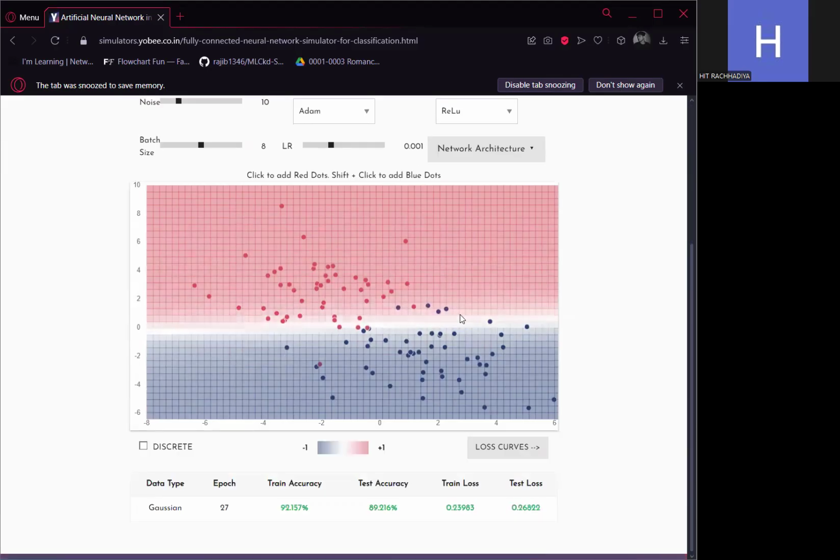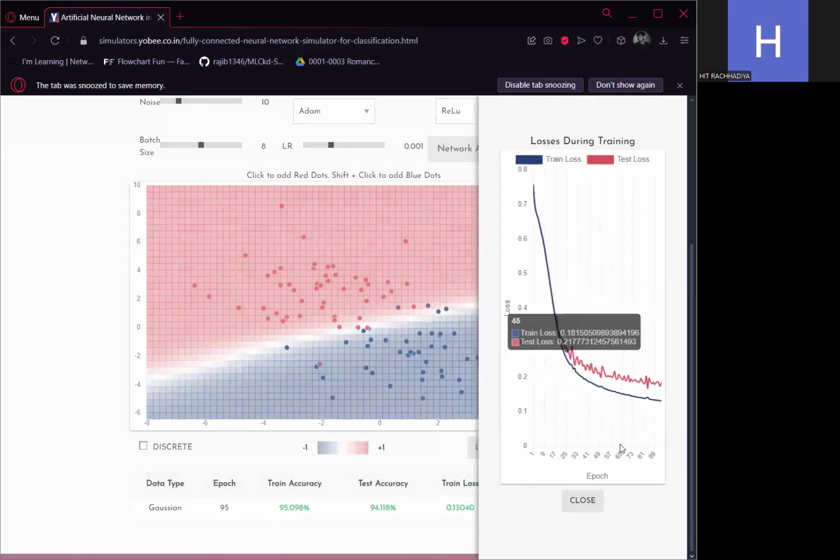So you can see this is not discrete, and the data type is Gaussian, but we can see that it can be classified linearly. How many epochs are performed is also given, and we can see the train accuracy, test accuracy, and train and test loss for each epoch.